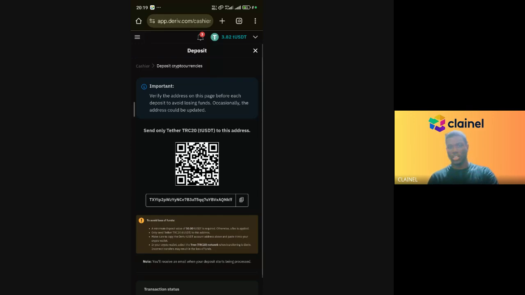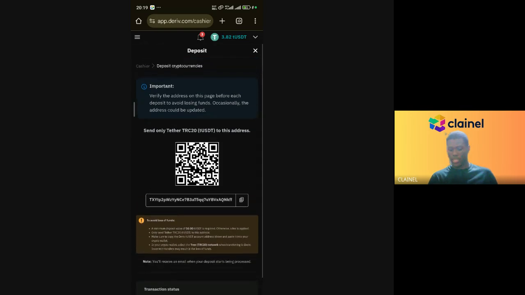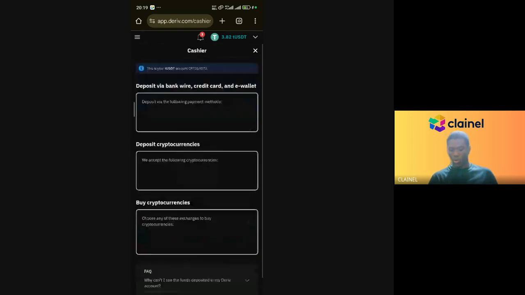So that's the way you can deposit through crypto. Immediately you want to deposit, you're going to be given a wallet address, like your account number, like I've explained before. All you have to do is just copy this wallet address, then you send USDT on the TRC20 chain to your account, and that's all. It comes very fast. Just deposit your crypto, and then everything comes.